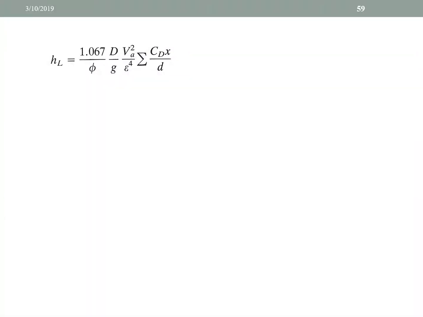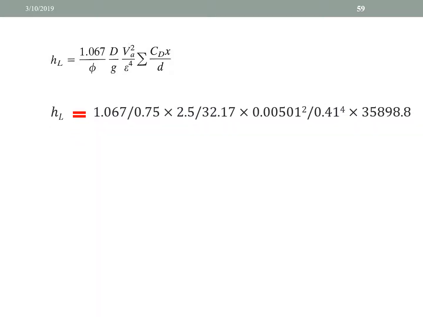The head loss will be 1.067 over phi times d over g, times V A squared over epsilon to the 4, times sigma CD x over d. So HL will be 1.067. Phi is the shape factor, that's given, 0.75. D is the depth of the filter, that's 2.5 feet.